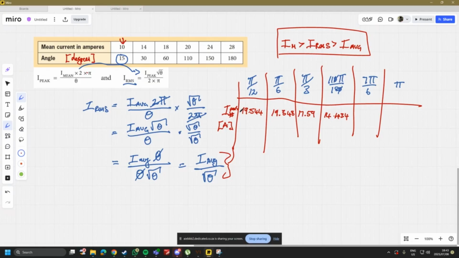Okay, and then we have 24 amps divided by... so if we were calculating the peak... yeah, so we're calculating RMS, not the peak. So that is then 24 divided by the square root of 7 times pi divided by 6, 12.536.